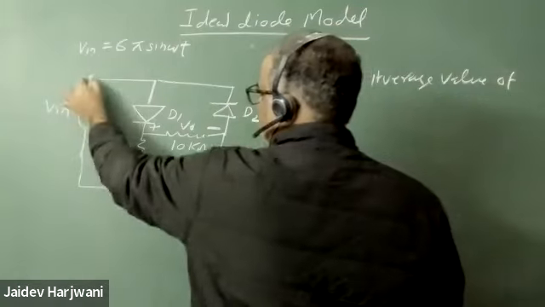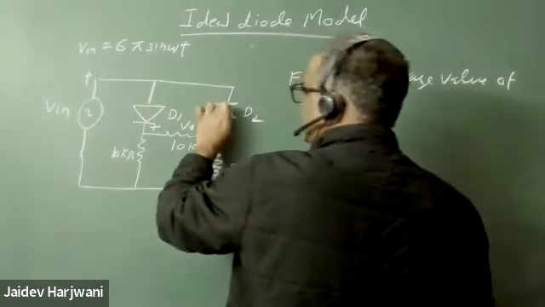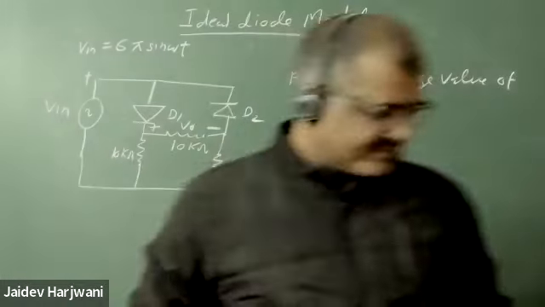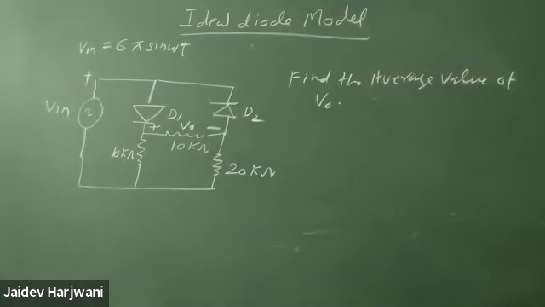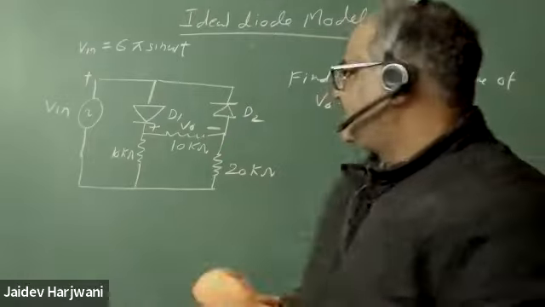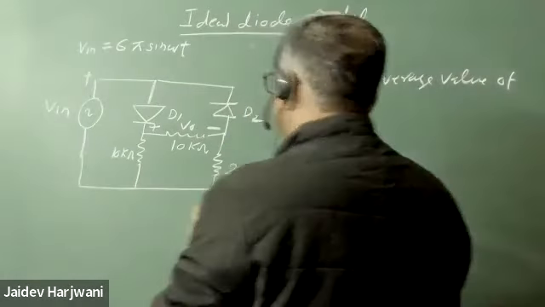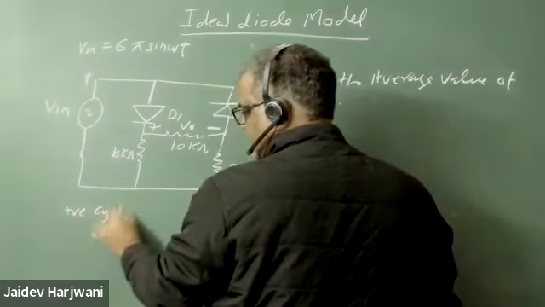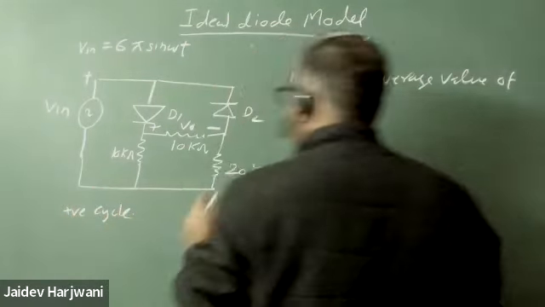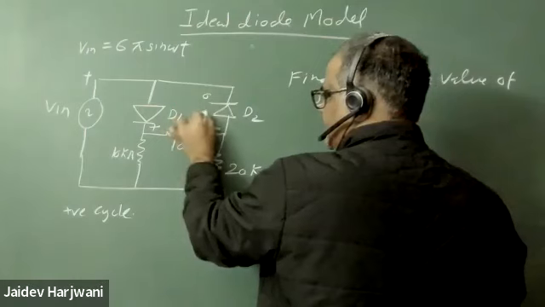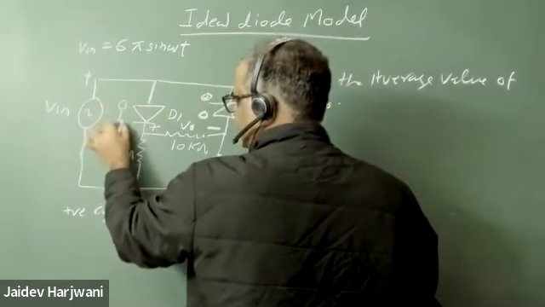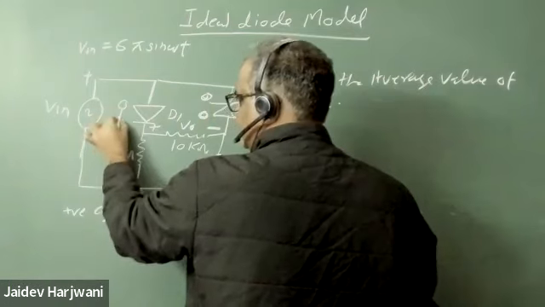Once this is positive, automatically this diode becomes reverse biased. So in the positive cycle you can make one diode conducting and the other open. For the positive cycle, I am making this diode open, and this diode will be replaced by a short circuit.